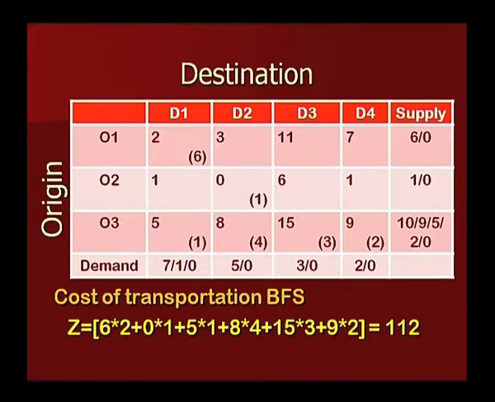Now, again this row is exhausted. So, we come to the last row and the minimum value here is 5. We allocate the maximum possible number, 1, here, then next to it is 8. In the cell D2 we allocate 4 here, then in the cell D4 we allocate 2 here, then in the cell of cost 15 we allocate 3 here.